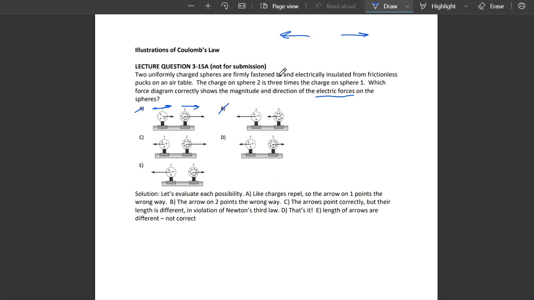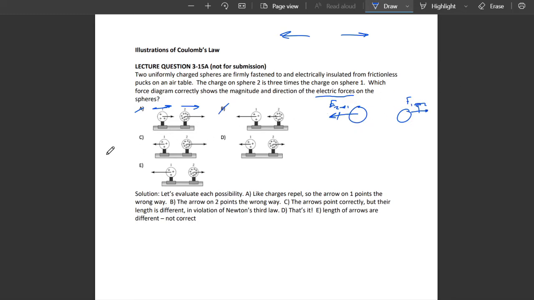Specifically, what's relevant here is Newton's third law of motion, which states that for every action there's an equal and opposite reaction, meaning that the force that sphere 2 imposes on sphere 1, the force of sphere 2 on sphere 1, is equal to the force of sphere 1 on sphere 2. So the magnitude of the forces between sphere 1 and sphere 2 acting upon each other should be in opposite directions and equal to one another. These hash lines mean that they're equal, if you remember geometry.